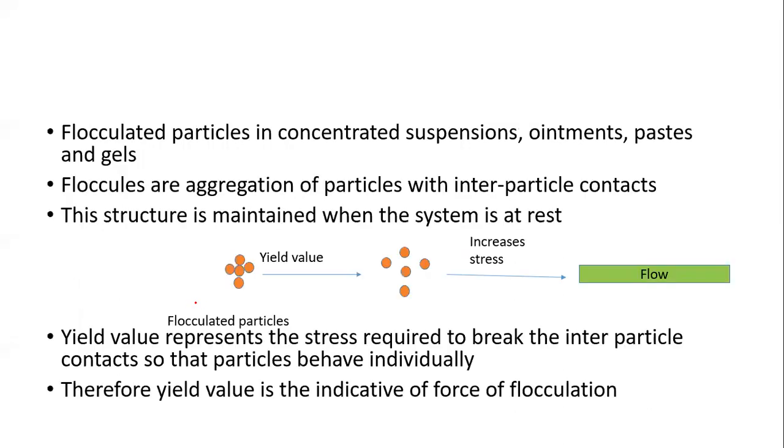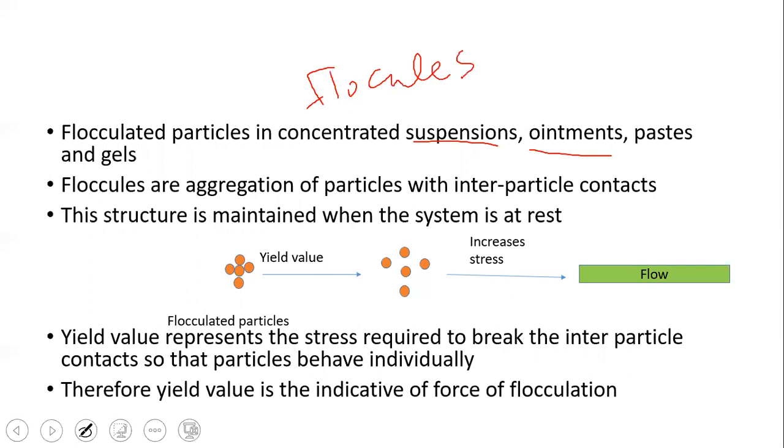The flocculated particles are found in concentrated suspensions, ointments, pastes and gels. At rest, in a flocculated suspension, there are floccules, which are aggregations of particles with interparticle contacts. So at rest they will be aggregated particles. When we apply some force, some stress, what will happen?